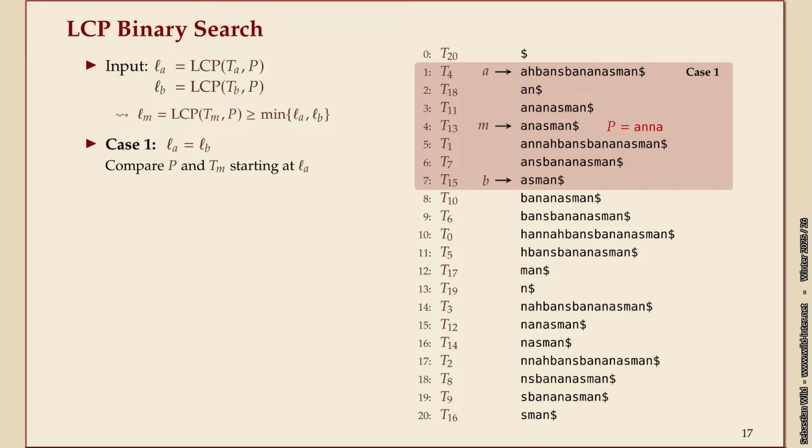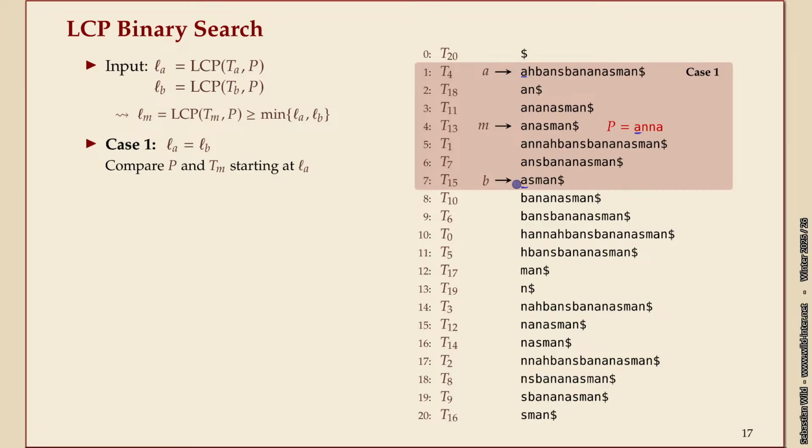Case 1. LA and LB are the same. An example is here. Well, the common prefix between the pattern, and the pattern will keep changing in the cases, I'm sorry about that. So here the pattern is Anna. And we've narrowed it down to this range. It happens to be all the strings that start with A, but that's pure coincidence.